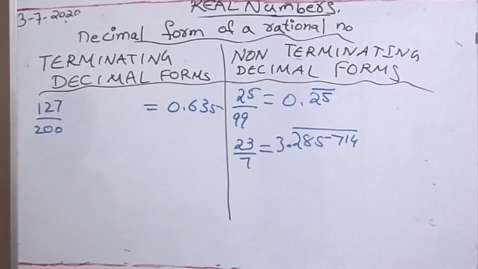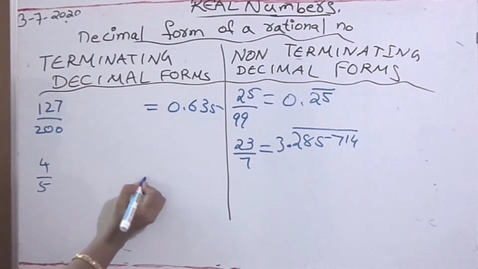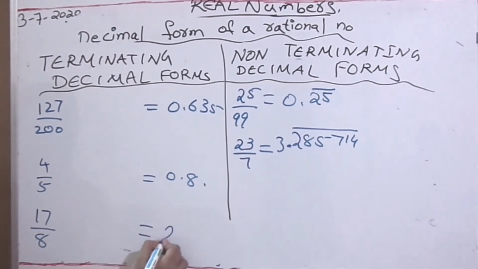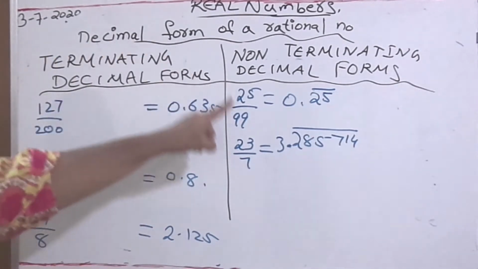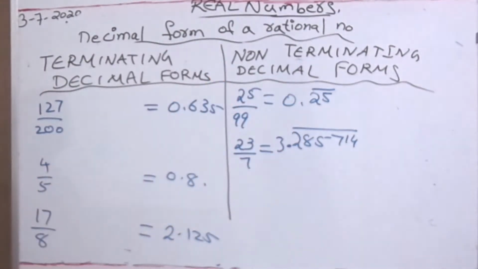Now the fourth sum, 4 upon 5, was getting over, 0.8. And the last sum, 17 upon 8, was also getting over. What was the answer? 2.125. These are terminating, getting over. Final remainder 0 you get and it gets over here. Here the remainder does not get 0. It goes on and on and on. So these are non-terminating decimal forms.